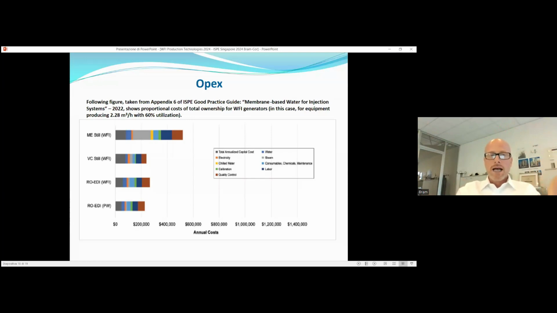As you see, the multi-column distiller is the one with the higher OPEX. The vapor compression distiller is slightly less than the reverse osmosis, and the reverse osmosis for PW, and the reverse osmosis with ultrafiltration to produce WFI is somewhat higher in annual cost.